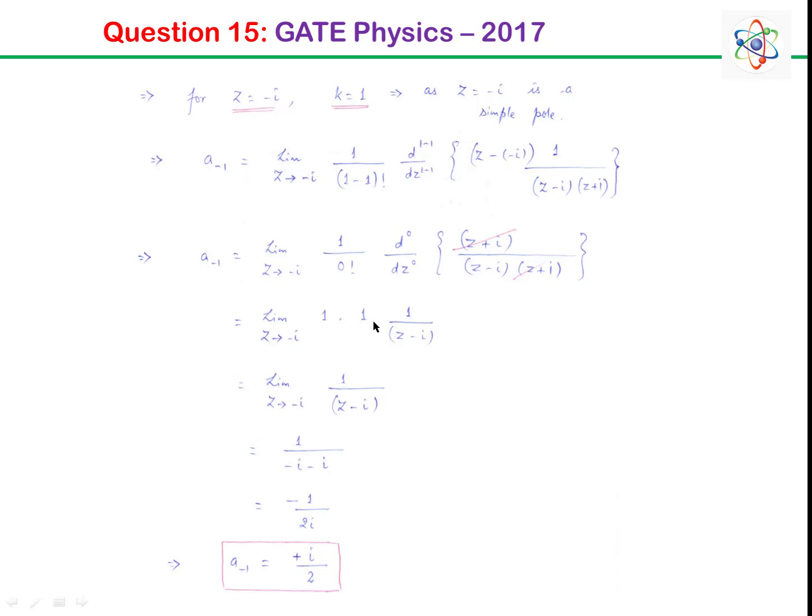So we take the limit of z tending to minus i of 1 by (z minus i). When z becomes minus i, the expression becomes 1 by minus 2i, that is minus 1 by 2i. And minus 1 is i square, therefore a minus 1 becomes i by 2.